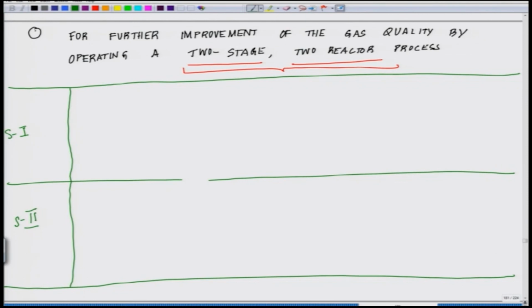The first thing being recommended here is pyrolysis of the biomass taking place at the first stage, using external heating.